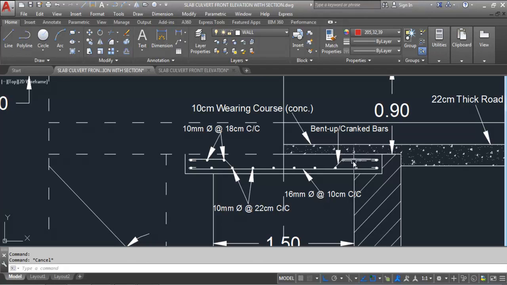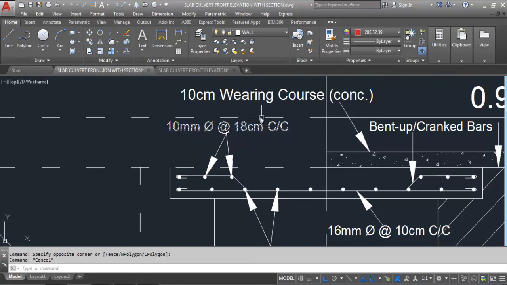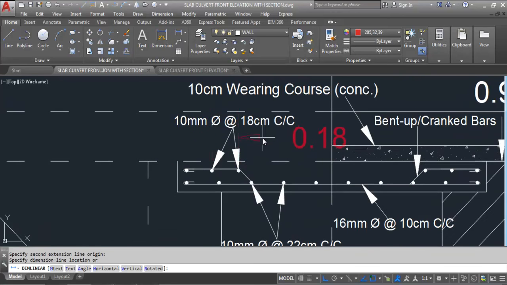So here spacing is different. Here the bar is the same, 10 millimeter dia, but spacing is 18 centimeter center to center. Dia is 10 millimeter, but spacing here to here is 0.18 meter or 18 centimeter center to center.